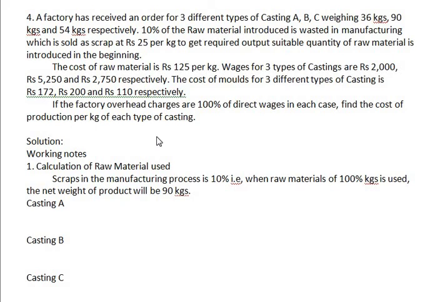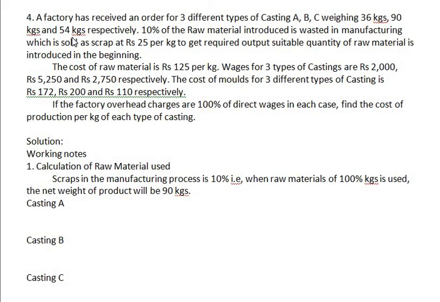Now what they have told us is that for whatever raw materials they have introduced, there will be 10% wastage in manufacturing, and whatever wastage is there is sold as scrap for rupees 25 per kg. They have given three types of casting A, B, C weighing 36 kgs, 90 kgs, 54 kgs respectively.